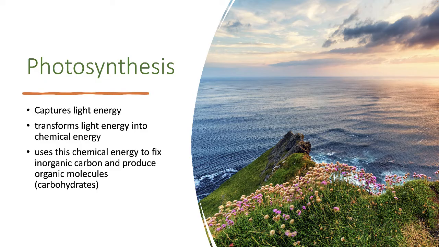All right, so let's first summarize photosynthesis in words and then in the form of a chemical reaction. If we were to summarize photosynthesis, we would say something like this. Photosynthesis captures light energy and transforms it into chemical energy, which is then used to fix inorganic carbon and produce organic carbon-based molecules.